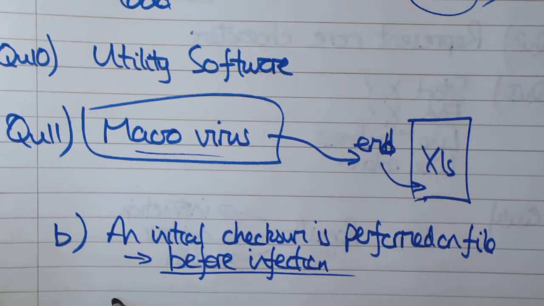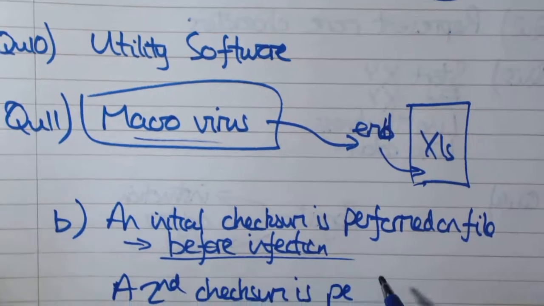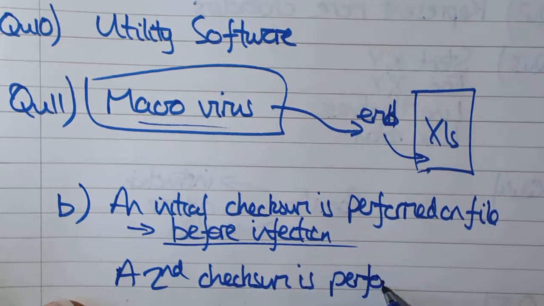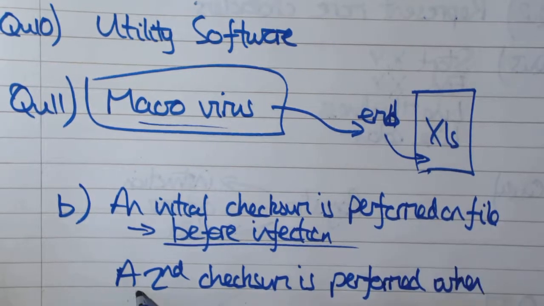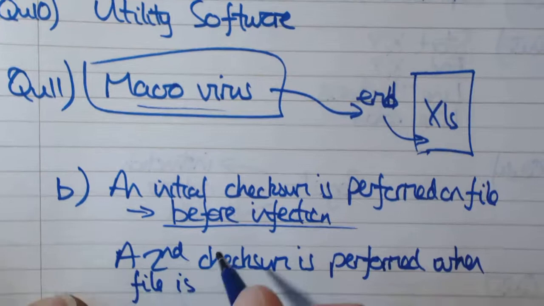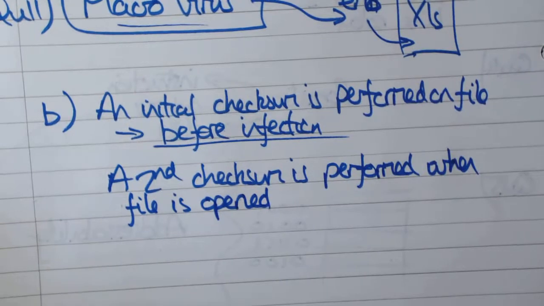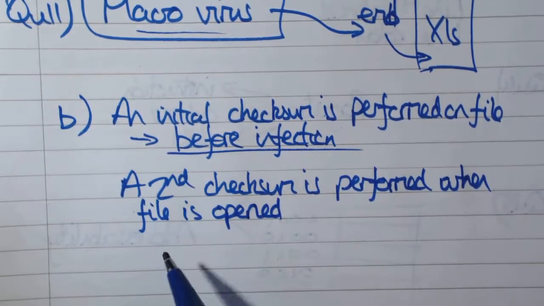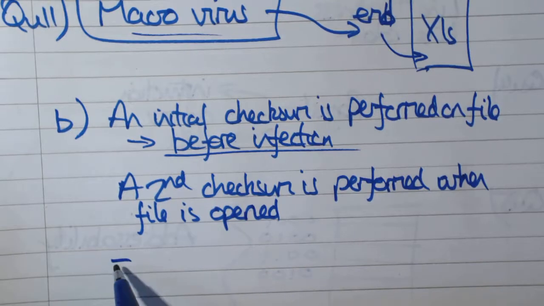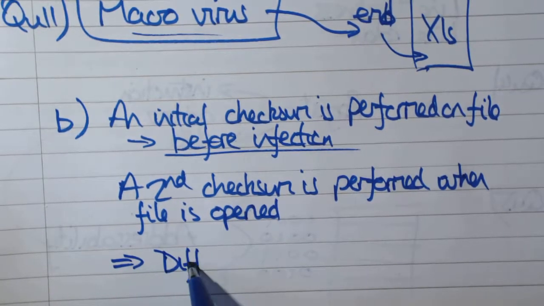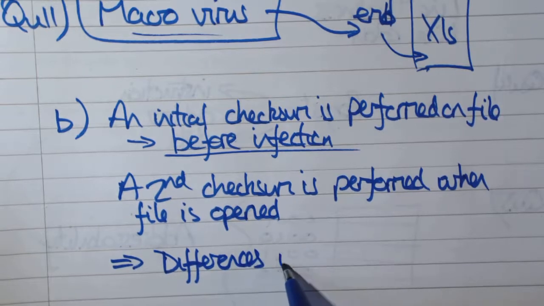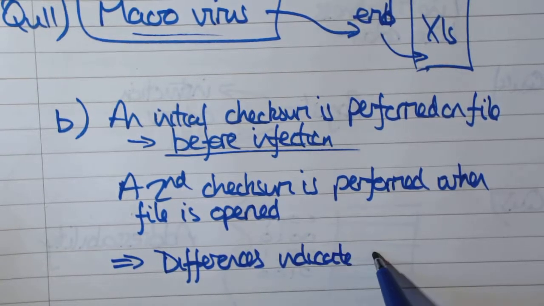Okay, so a second checksum is performed when a file is open. Sorry for my rush writing. Okay, and if there's actually any differences before and after, then you know something's happened. Okay, so differences indicate a virus.